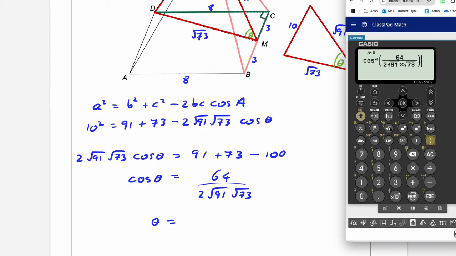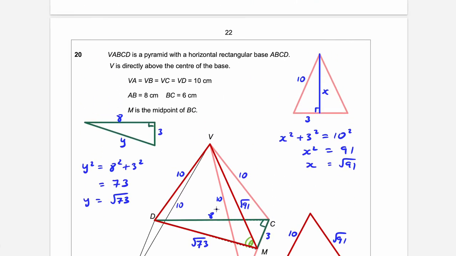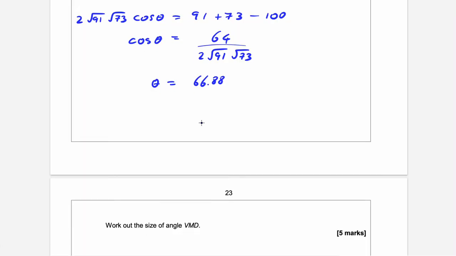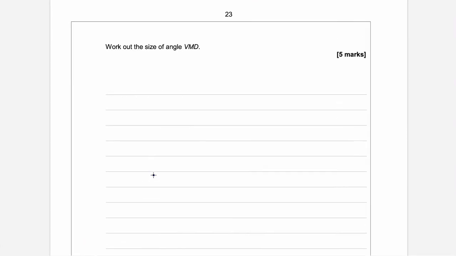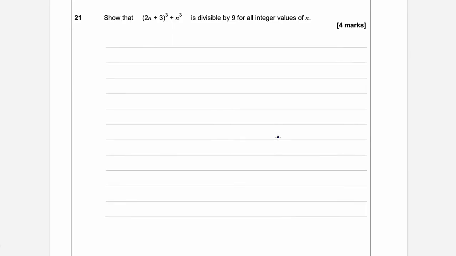Close the bracket, press enter, make sure I'm in degrees, and it's 66.88. Did he say give your answer to the nearest degree or anything like that? No, so that's fine. 66.88 degrees. Okay, 21, last question, I believe, guys.